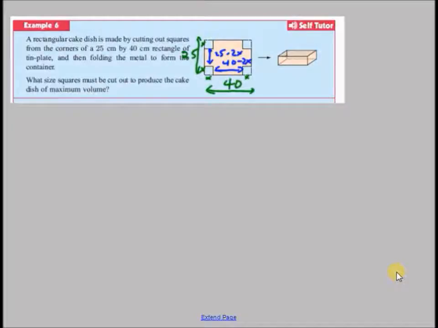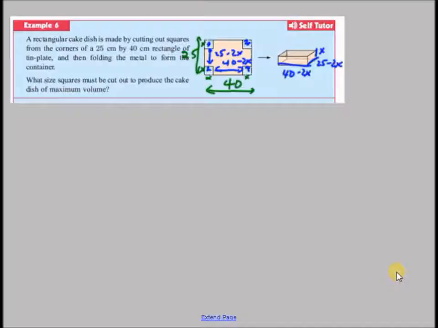Because when we cut those pieces out and fold it up, we are going to have this dimension 40 minus 2x, this dimension 25 minus 2x, and this dimension will be x.